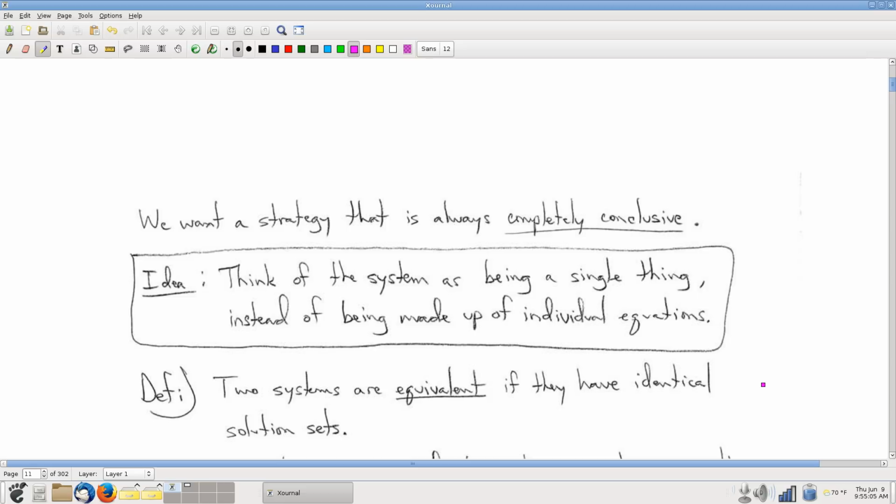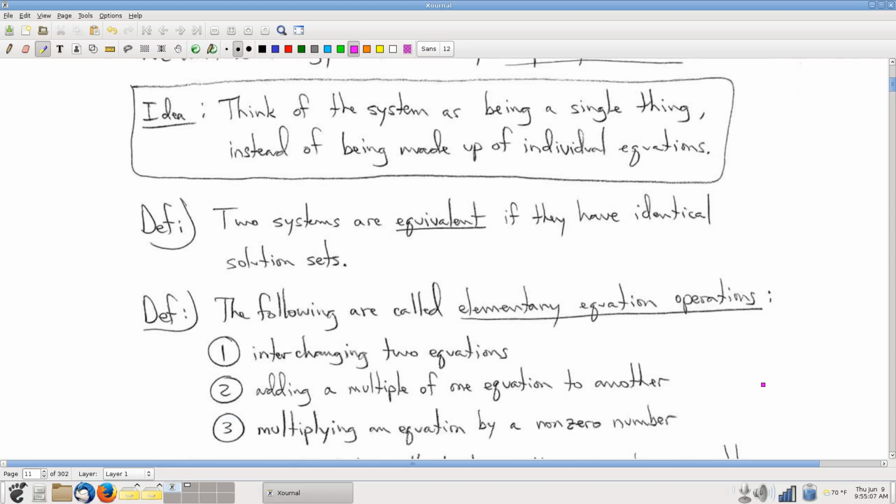Okay. All right, so it turns out that the next definition here, these things called elementary equation operations, are going to play very importantly into our process for solving systems. I'm going to first tell you what these elementary equation operations are, and then subsequently I will tell you why we care about them and why they're interesting.